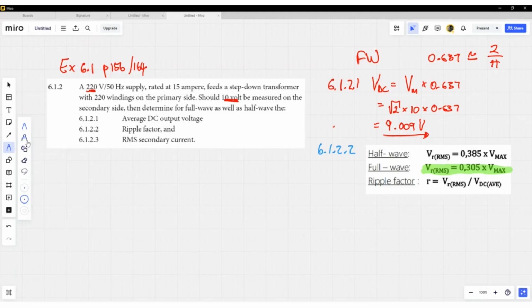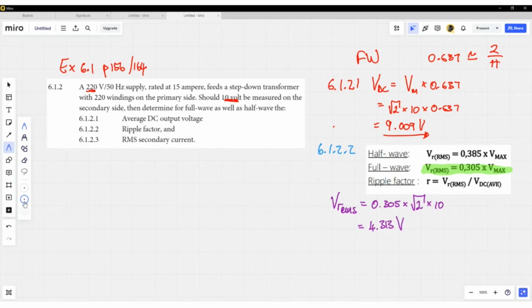All right, so the full wave rectifier's ripple RMS is going to be 0.305 multiplied by the maximum voltage, which in this case is the square root of 2 times 10. And this should give you a ripple RMS of 4.313 volts.